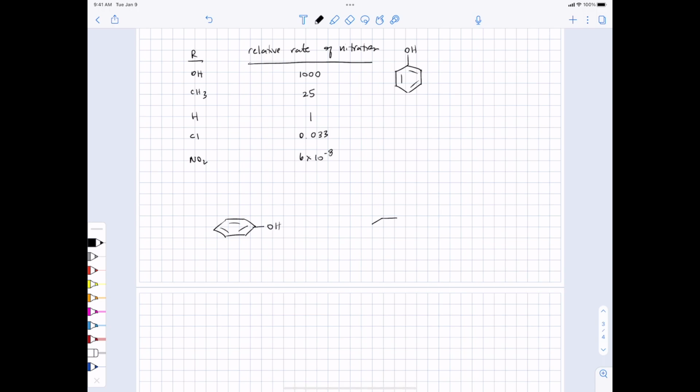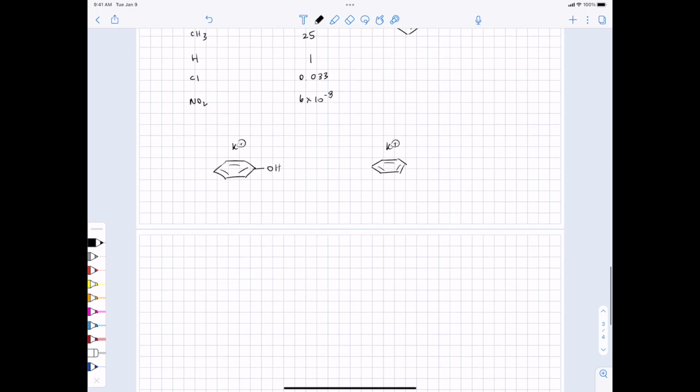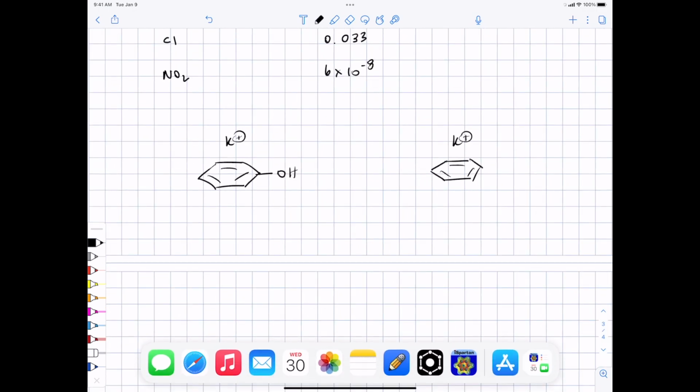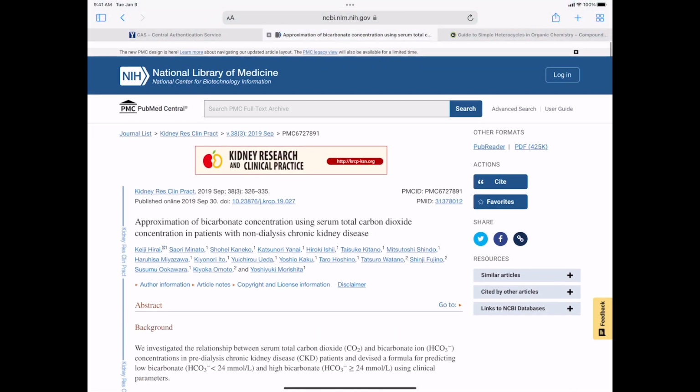So if you look at cation pi interactions, let's say potassium here, between phenol and benzene, we can actually look up those numbers. They're probably in your text, I'm just not sure.